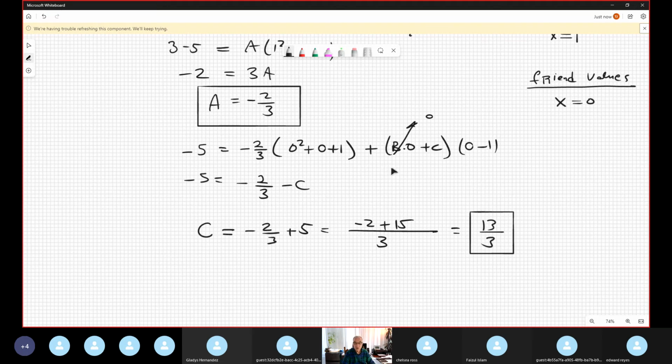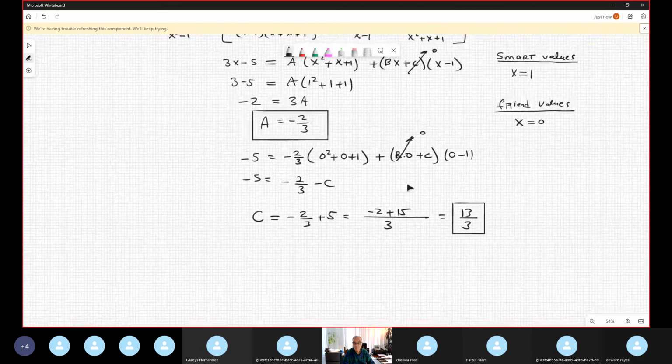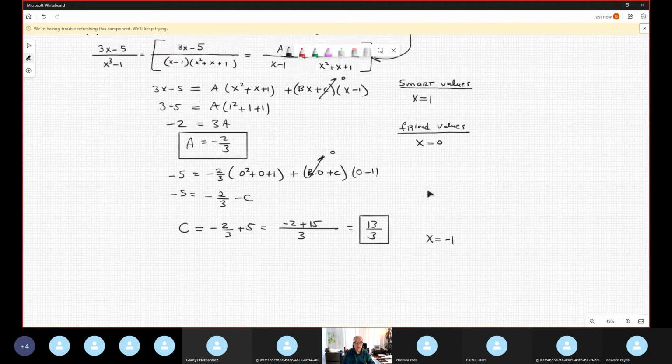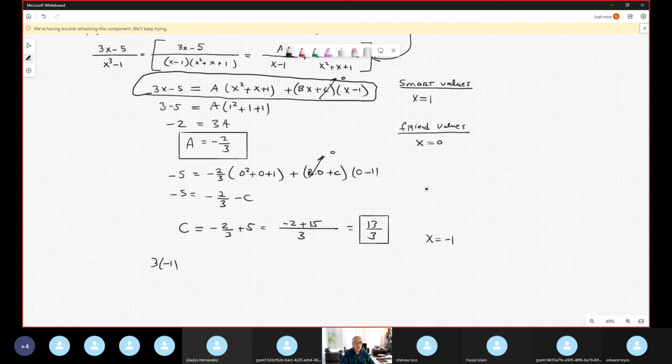Okay. And we have no more smart values, but we can create infinite free values. I'm always using a small value, no 100, no 1000, no 25, no negative 1. It's fantastic in my opinion. Here I have in my hand C. So the only unknown I need to find is B. Negative 1 is 3 times negative 1, plugging in here, in the original equation after the multiplication by LCD.